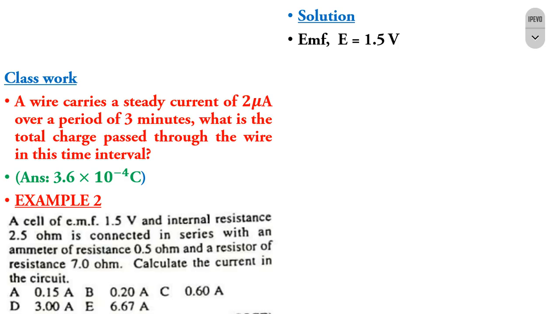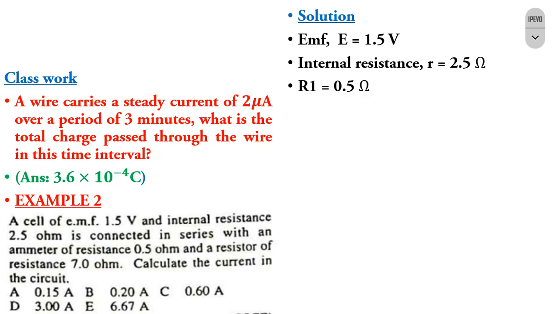E equals 1.5 volts, and then internal resistance, small r, equals 2.5 ohms. Then we were given a combination of resistances, 0.5 ohms and 7 ohms.